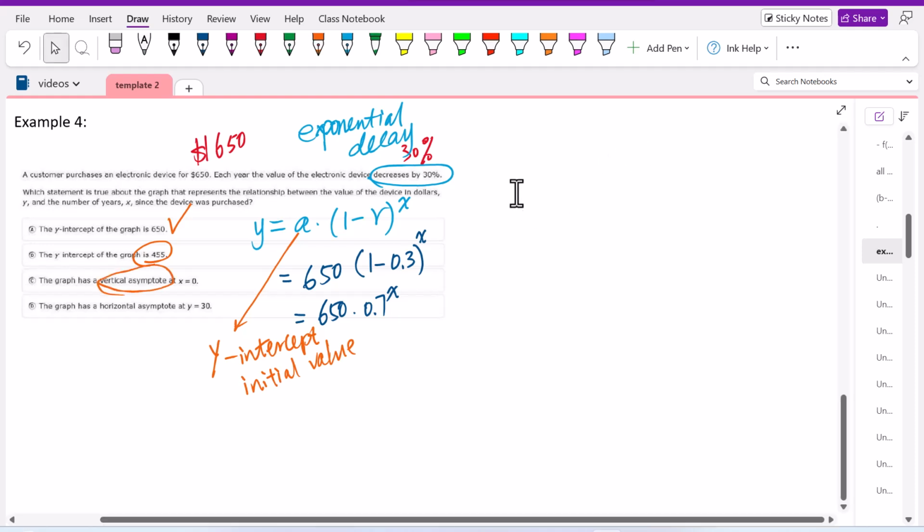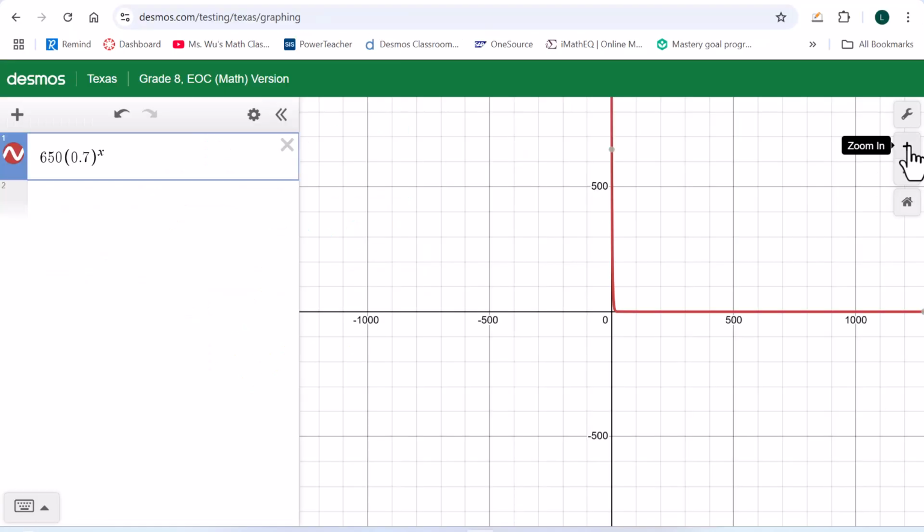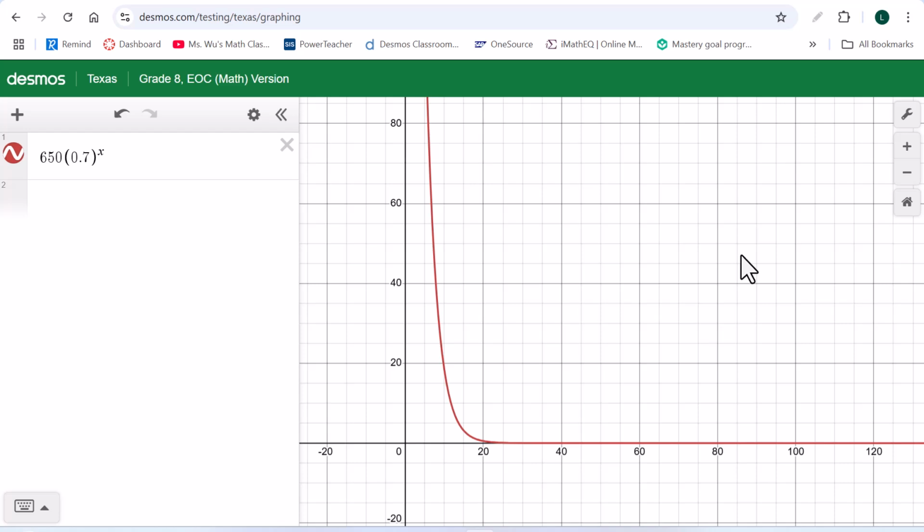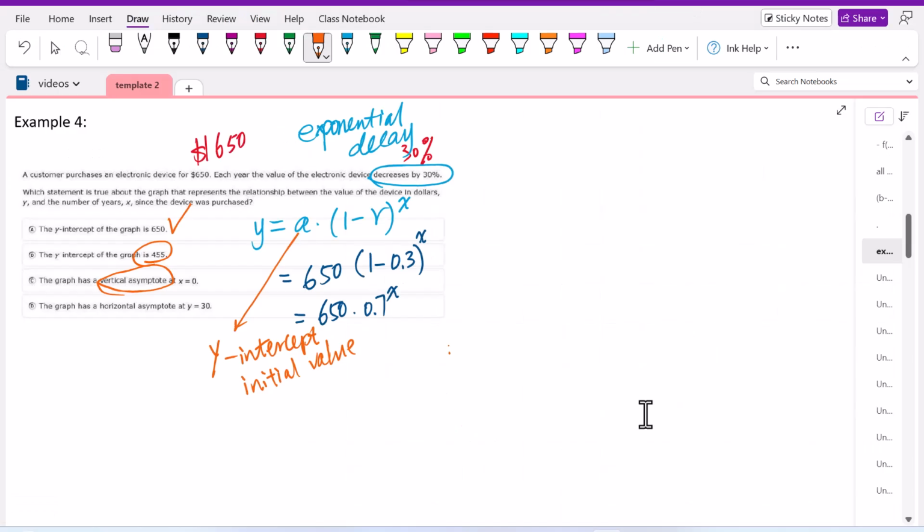Let's check back the graph. Let's zoom in. Look at this graph. We have a horizontal asymptote line, the x-axis, which is y equals 0. So the horizontal asymptote line is y equals 0.